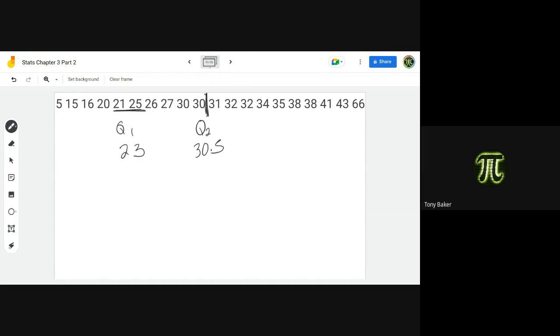And now we have to do it to the upper half. And we get 35 and 38, which is 73. So we got 36.5.